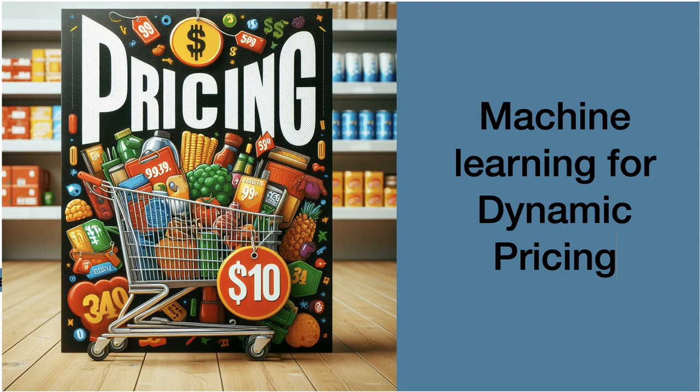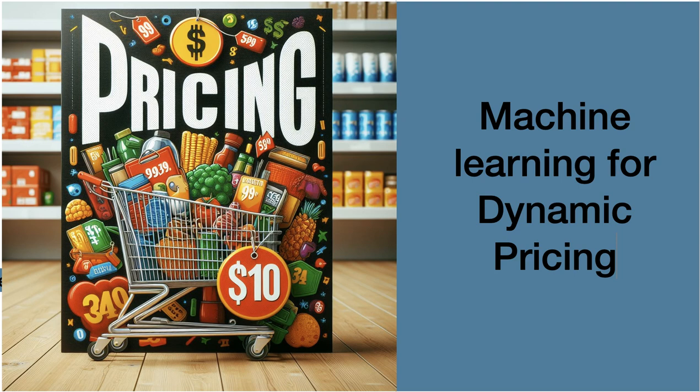When demand is high and supply is limited, prices can be increased to maximize revenue. Conversely, when demand is low and there is excess supply, prices can be lowered to stimulate demand. This approach is commonly used in industries such as airlines, hotels, and ride-sharing services.